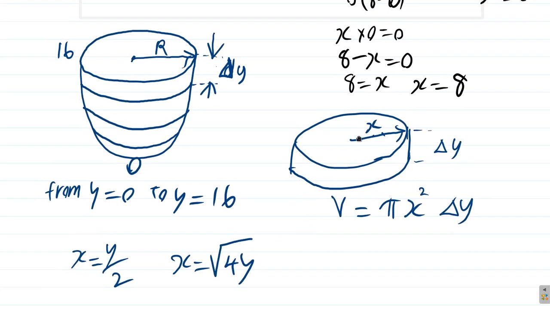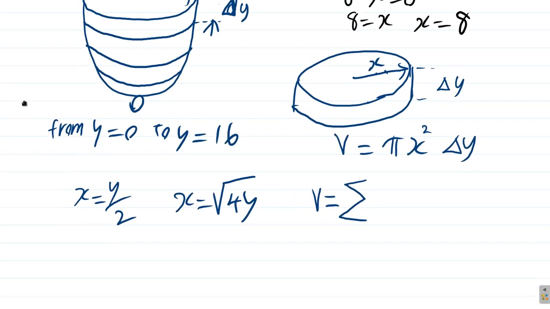Now, these are the values of x changing. Now here, when you add up all the various strips and you consider that there are several of them stacking up, you're looking at the sum. The volume is equal to, and by the way, let me put what I have here in a little box.